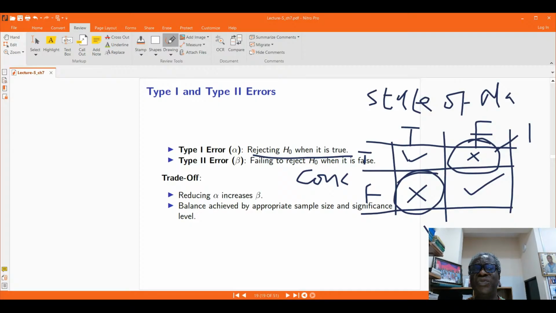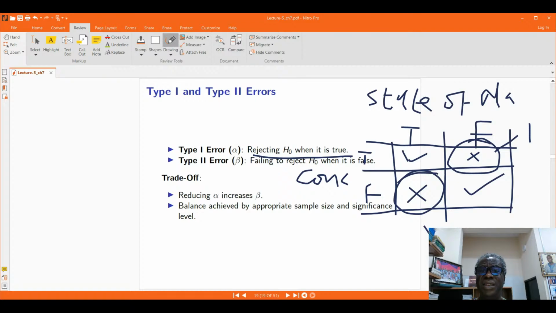So these are the two possible errors one can commit in hypothesis testing. But the most serious one, maybe I should leave that to you to determine which of these two errors is most serious.